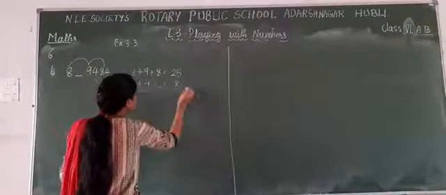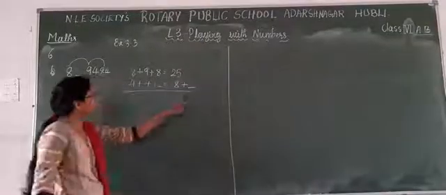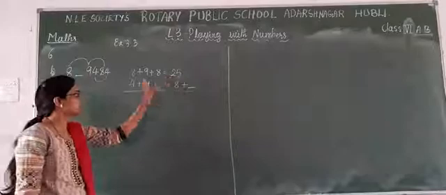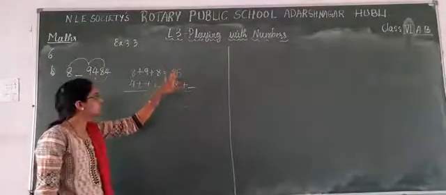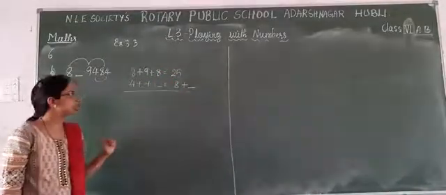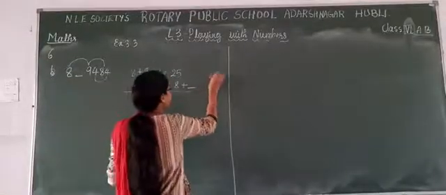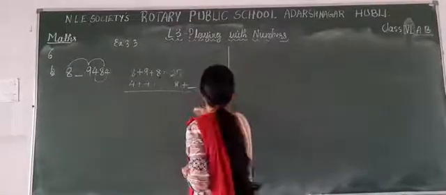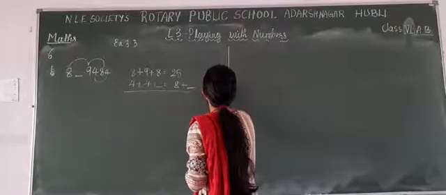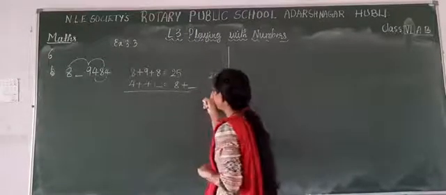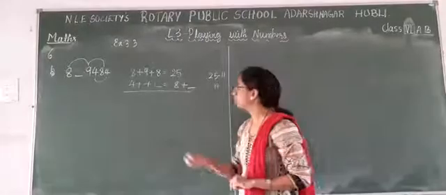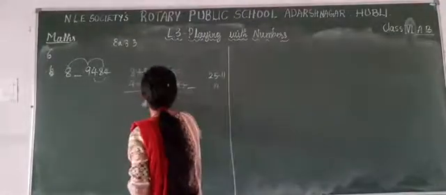If I write any digit so that the difference between these two becomes 11, then 25 minus 11 is 14. To get 14, which digit should I add here? 6.